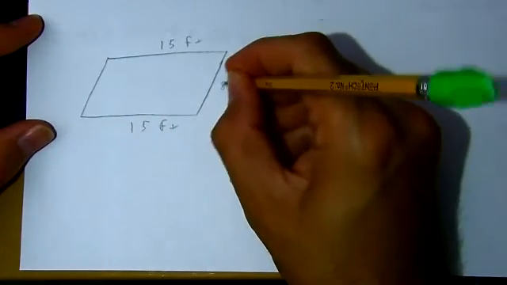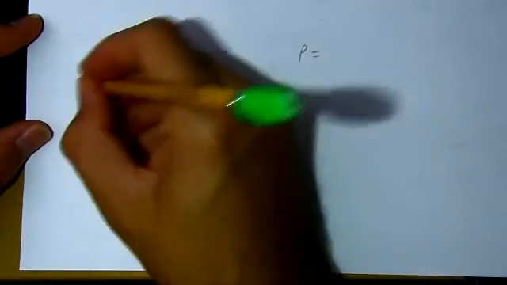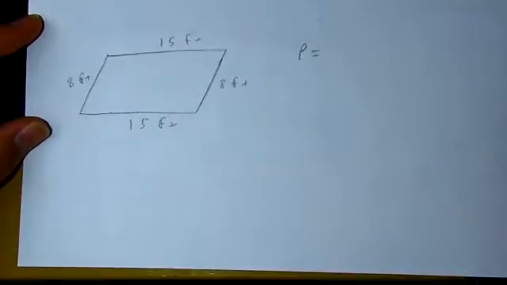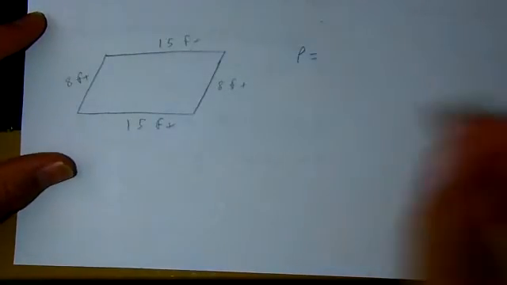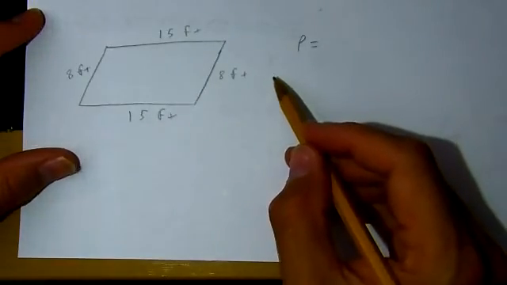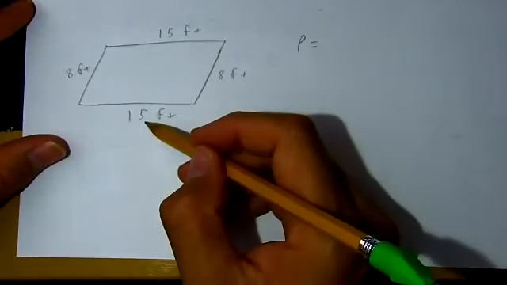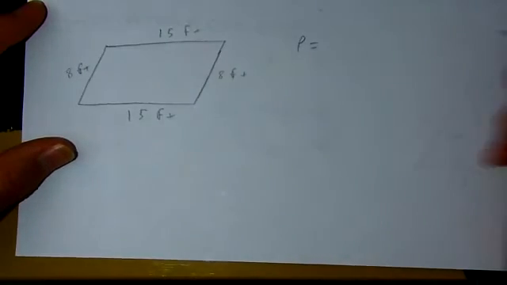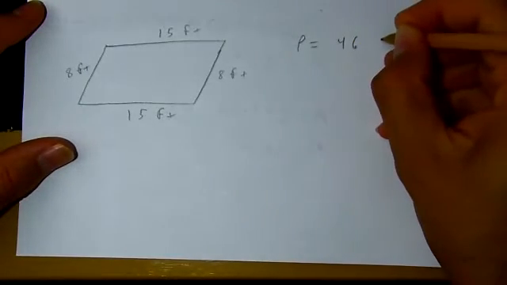If this side is 8 feet, then this side is going to be 8 feet. They have to be the same. So perimeter, you would add these 4 sides together. Actually on the calculator, 15 and 15 is 30. 8 and 8 is 16. 30 and 16 is 46 feet.